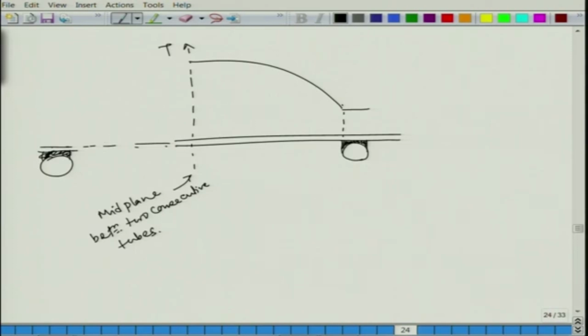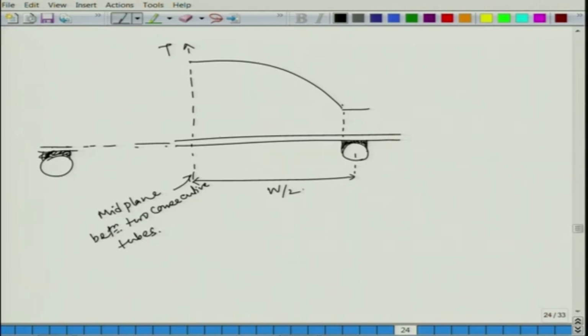Okay. Now, let us put some dimensions as well. So, let us say that this dimension between the mid plane and the center of the tube is W by 2. Why 2? Because W is the width between two tubes.